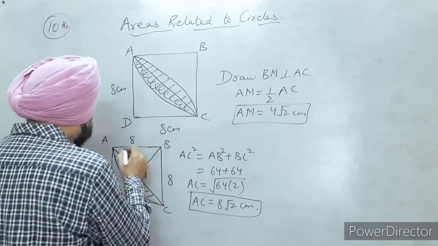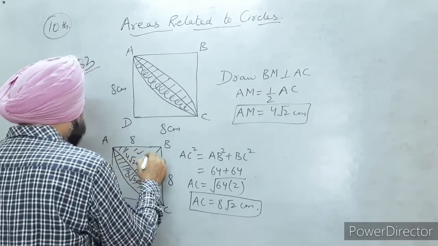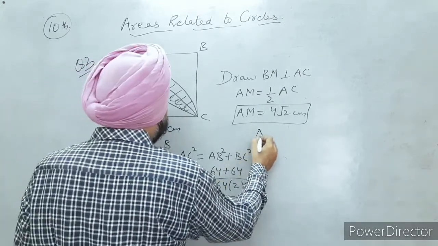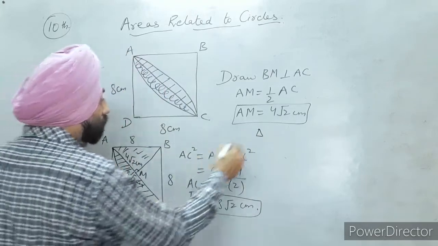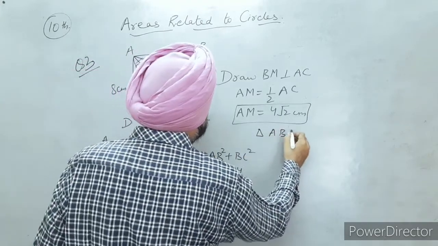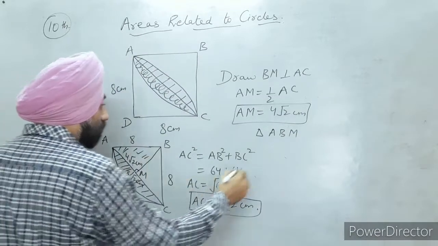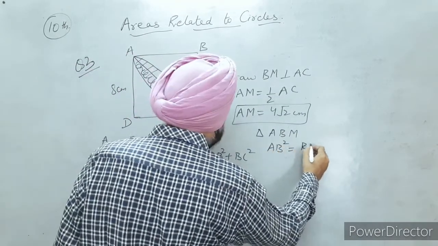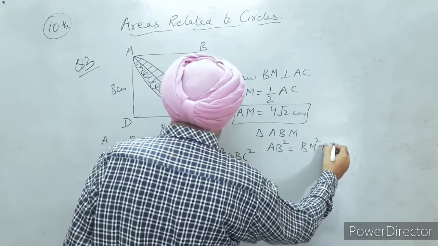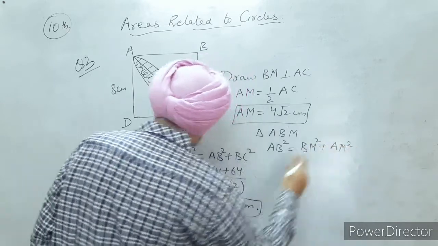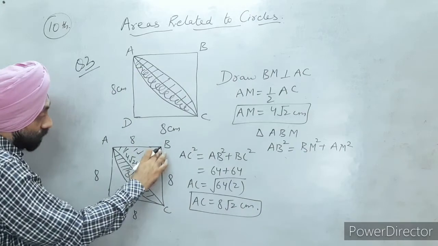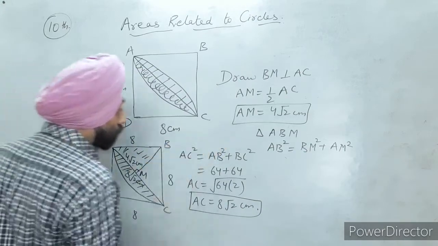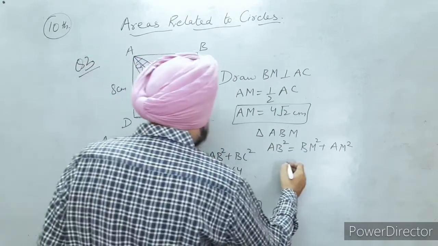So using Pythagoras theorem again on this triangle, that is in triangle ABM, AB square is equal to BM square plus AM square. AB is the hypotenuse, perpendicular and base, use Pythagoras theorem.